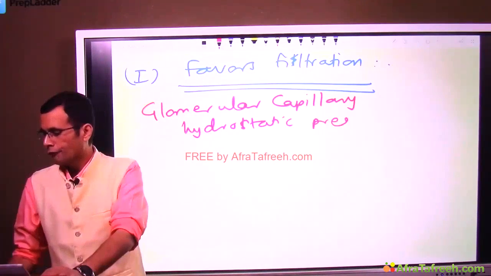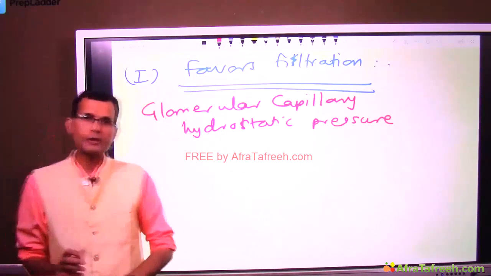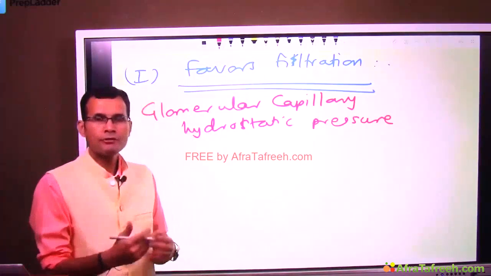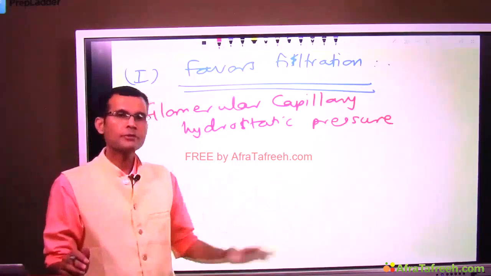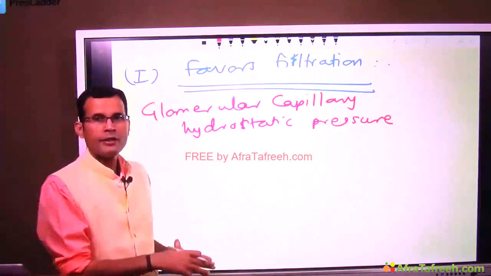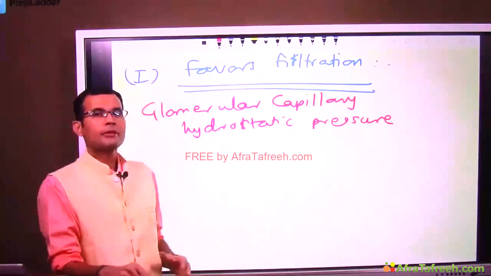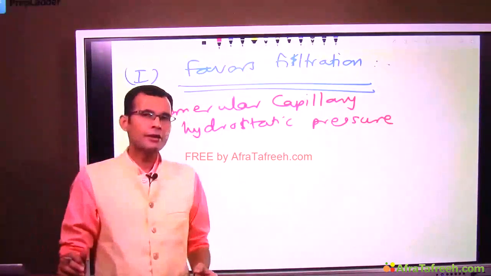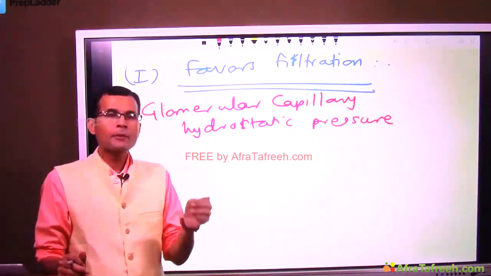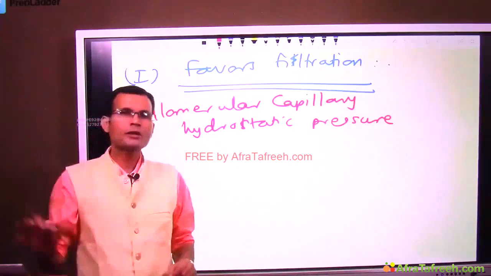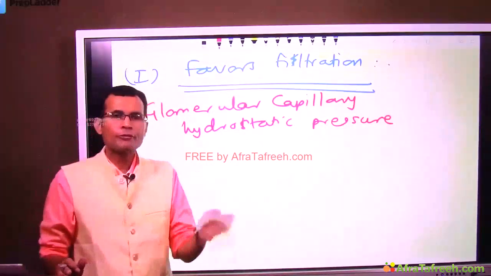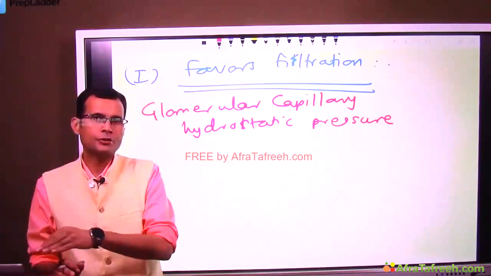If you remember from the CVS chapter, where we did this in detail, elsewhere in the body the capillary hydrostatic pressure in all other tissues is about 15 to 20 mm of Hg.